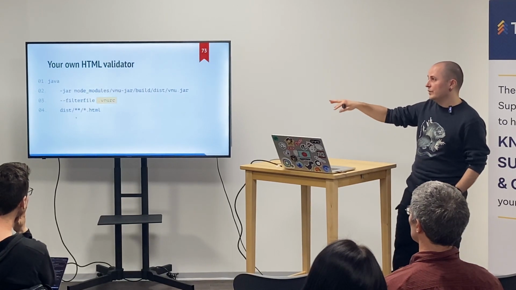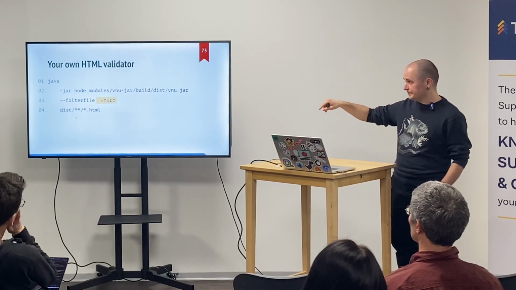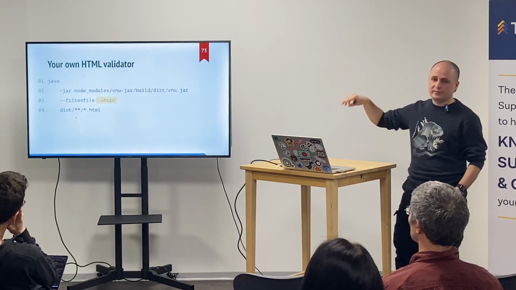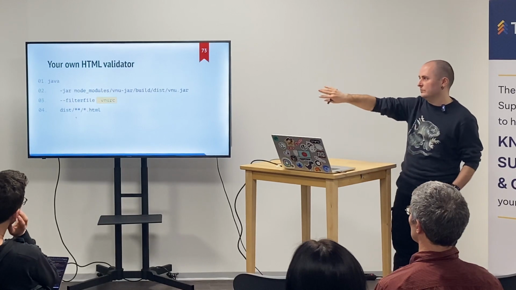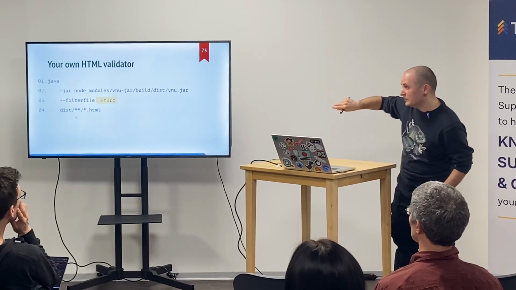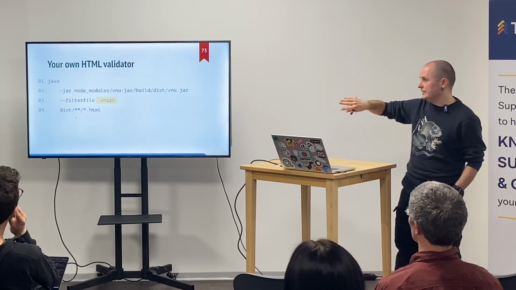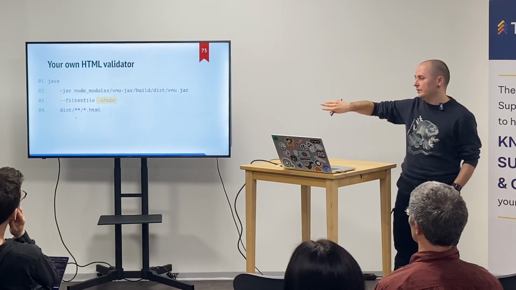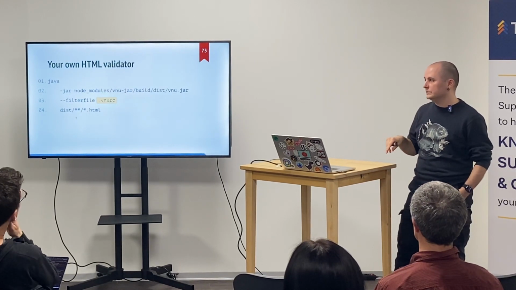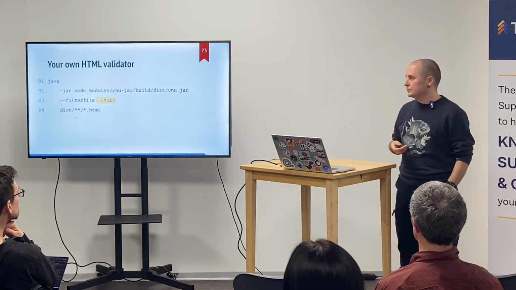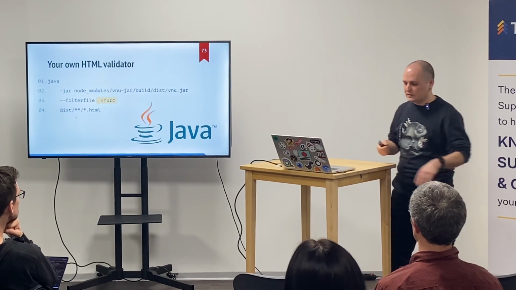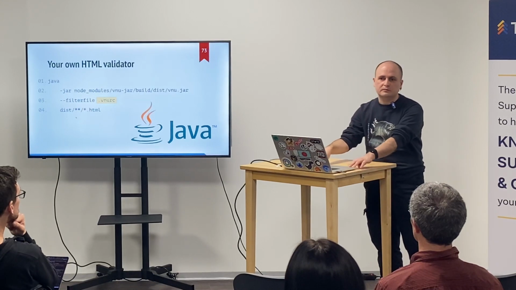There is a way, using the Nu package from npm, to run Java with some attributes, some keys, and validate your markup in your dist folder. It's going to use Java, and for example, I don't have Java installed on this machine.